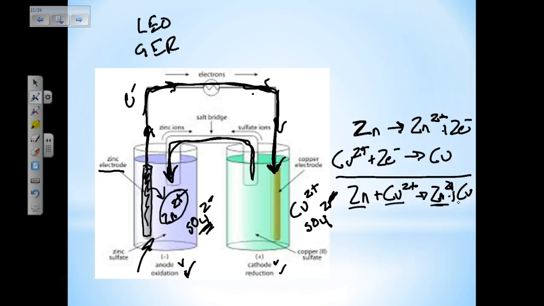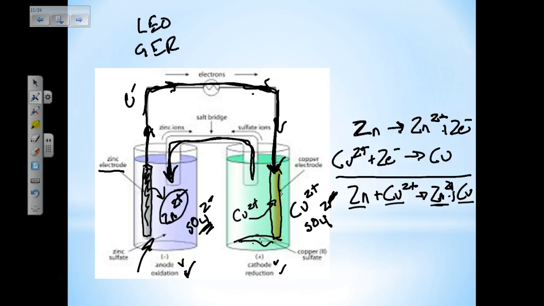Now, the opposite is true on this side. The copper ions in the solution, Cu2+, are depositing onto the copper electrode, or maybe they're just collecting as solid copper down at the bottom. Either way, we're having more copper on this side of the reaction, and that helps us determine what's going on too.